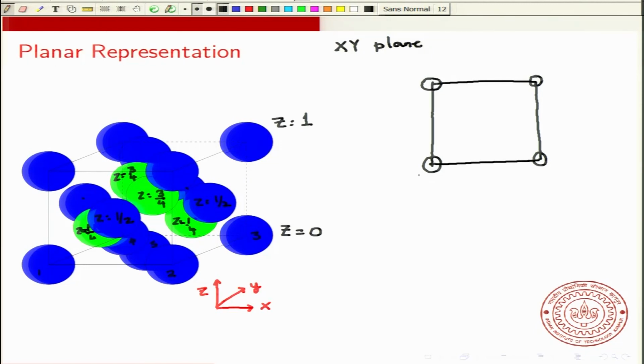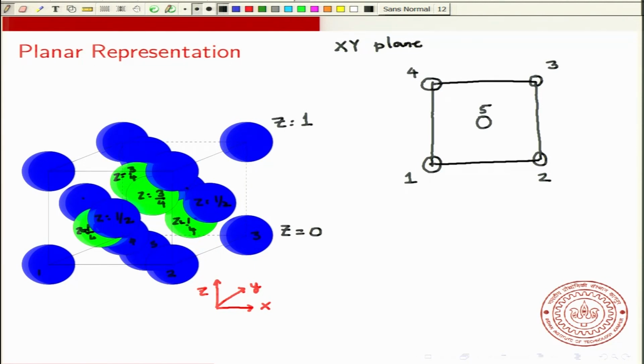So this is atom 1, this is atom 2, this is atom 3, this is atom 4. Okay. Atom 5 is located at the face center, and I am drawing it here. Okay. This is atom 5.